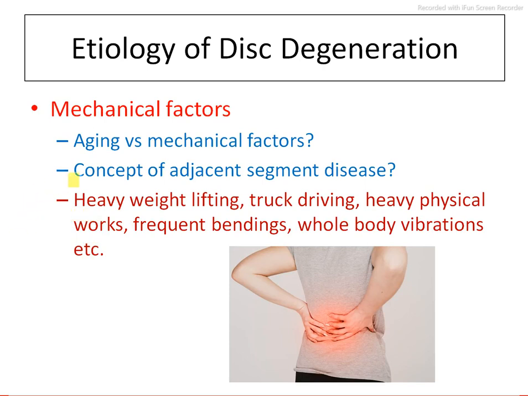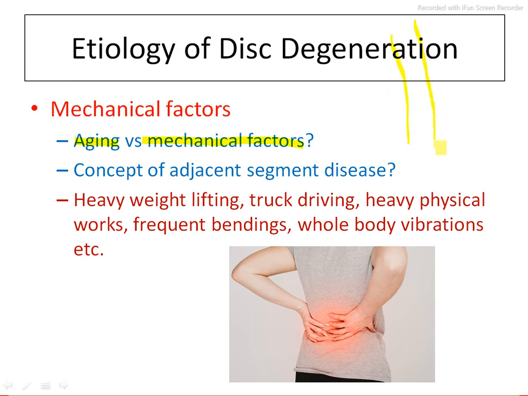Mechanical factors. As you know, during aging, different changes take place, but there are other factors that indicate that mechanical factors are important for disc degeneration. One being, suppose this is our spine.